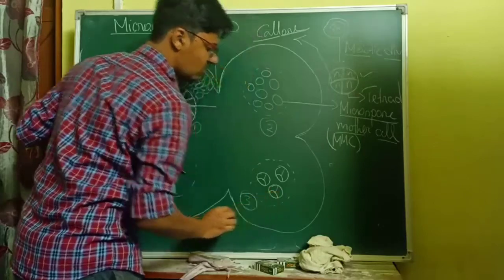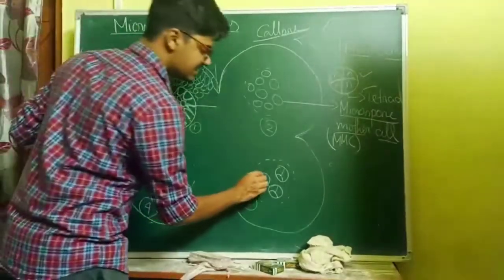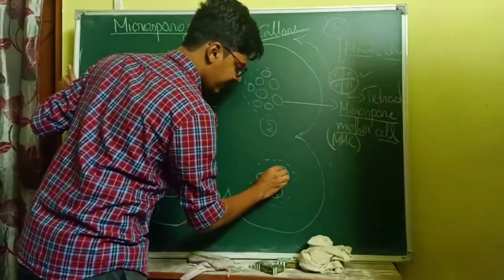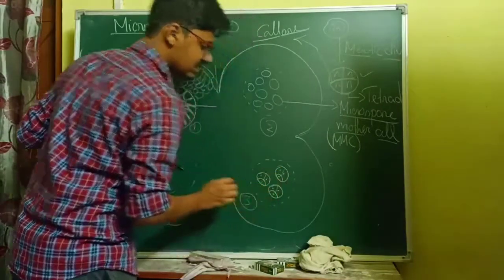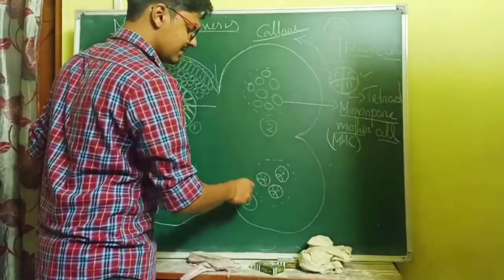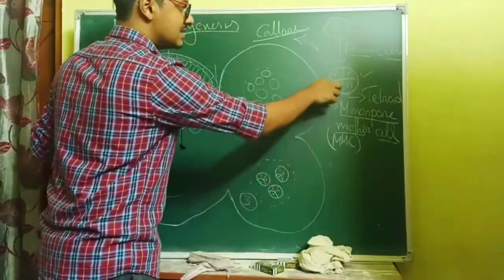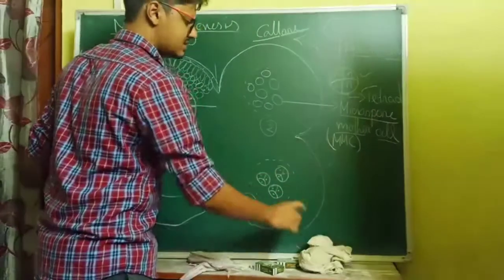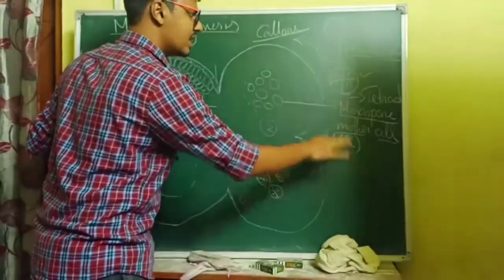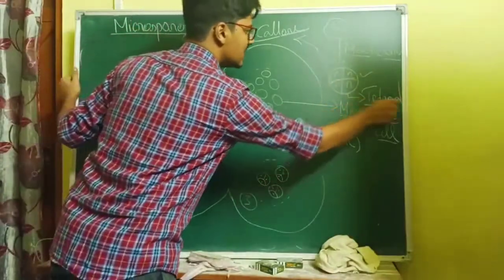Now how these 4 cells will be arranged, that is also a topic, but that was included in your last year syllabus. This is not included in your new syllabus. There may be many structures. That is also important for NEET, but for board exam, you just keep in mind that this is called tetrad.